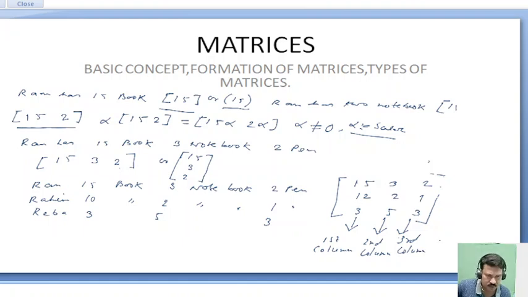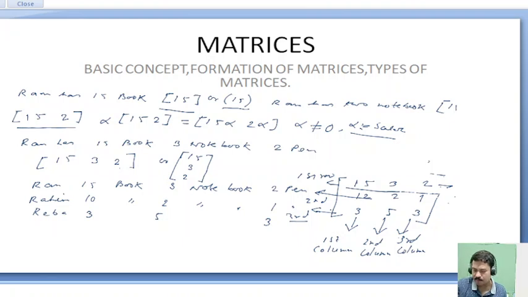And in the horizontal direction, this is called the first row, this is the second row, and this is the third row. Clear?